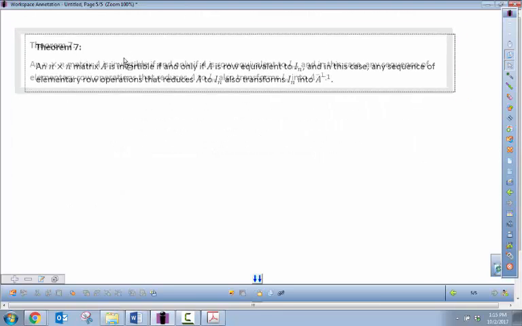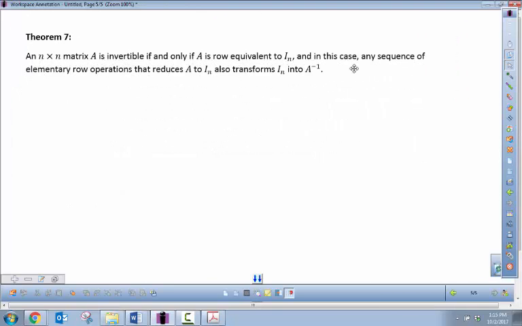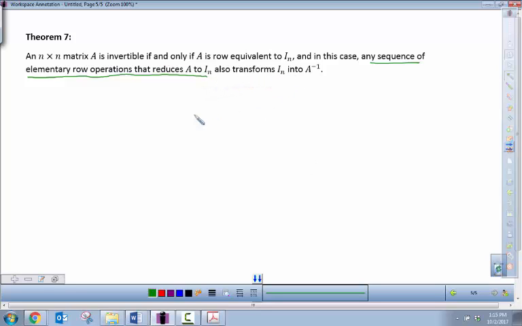So if you have a square matrix, then it's invertible if and only if it's row equivalent to I_n, which means you can do your basic elementary row operations. So in this case, any sequence of row operations that reduces A to I_n also transforms I_n into A inverse. So that's exactly what we did in our example.